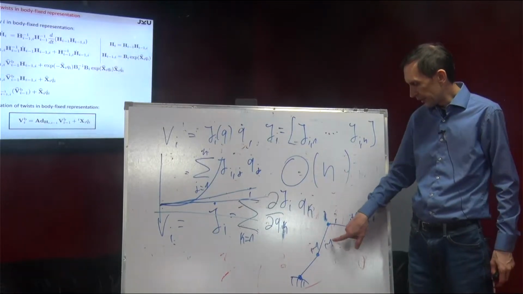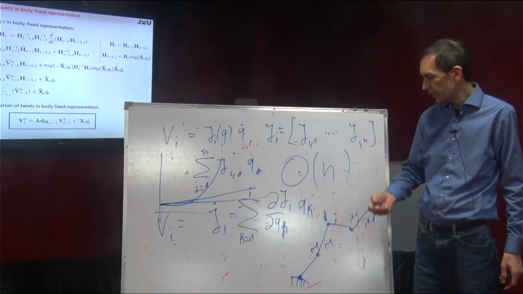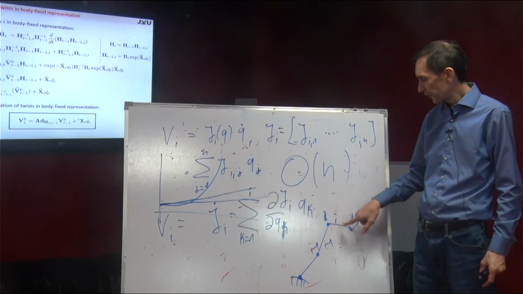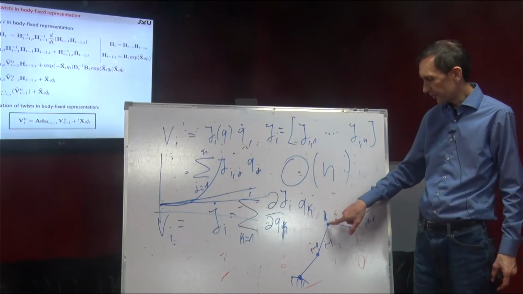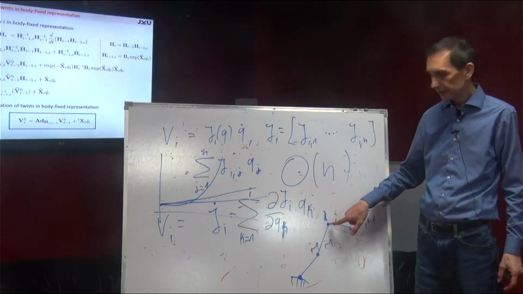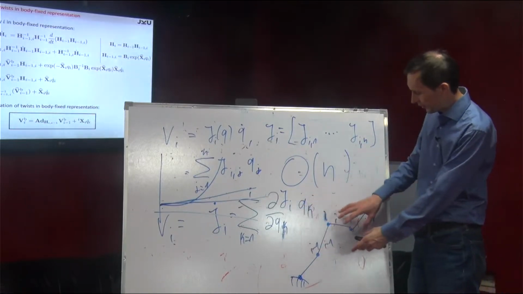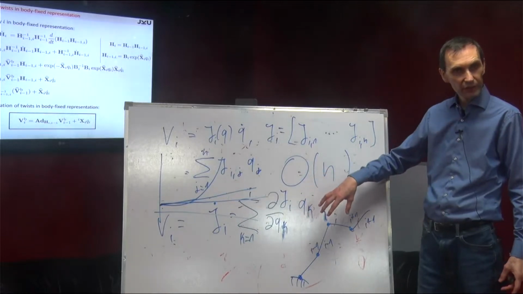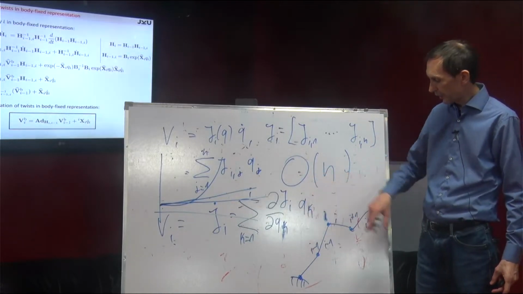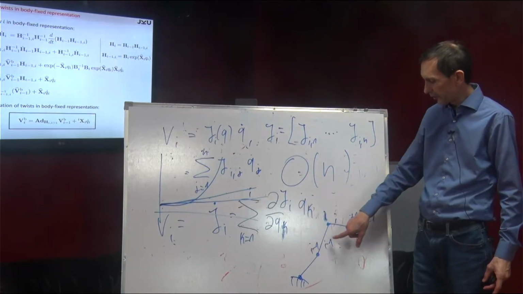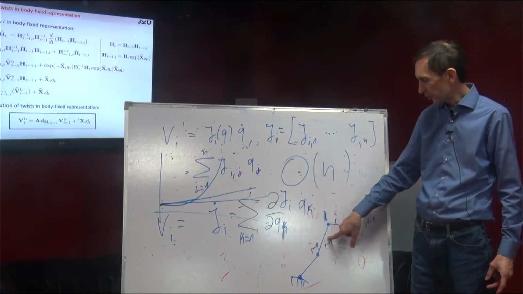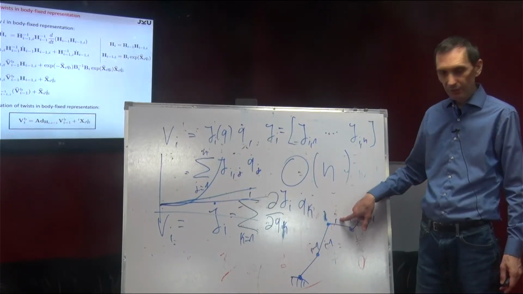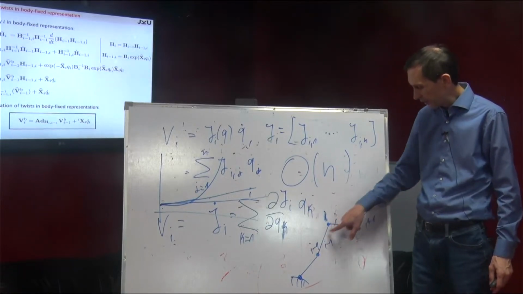And let's say we are given already the twist of body I minus 1. Then of course, let's say this joint is locked, right? Then the whole thing does what it does, and body I is just going along with it. So the only thing you have to do, if I know the twist of body I minus 1, is transform it into the frame of body I. Because there's a frame here and there's a frame here, right?